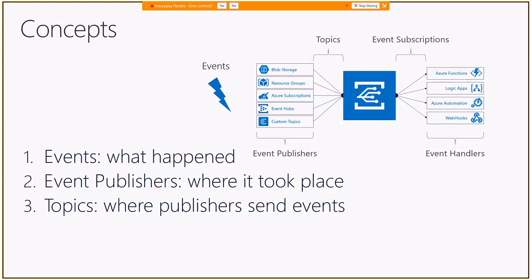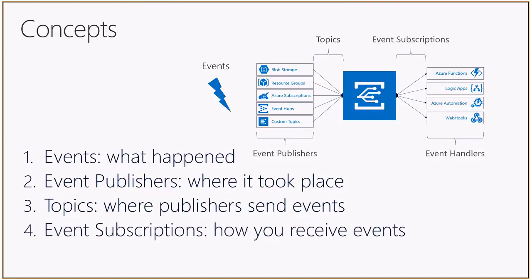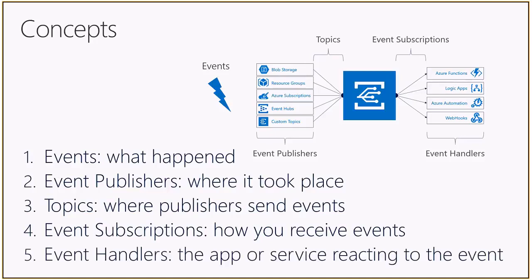So they send the events. Then event subscriptions are how we subscribe which different event handlers are interested in that specific event. And then event handlers execute and react based on what happened.